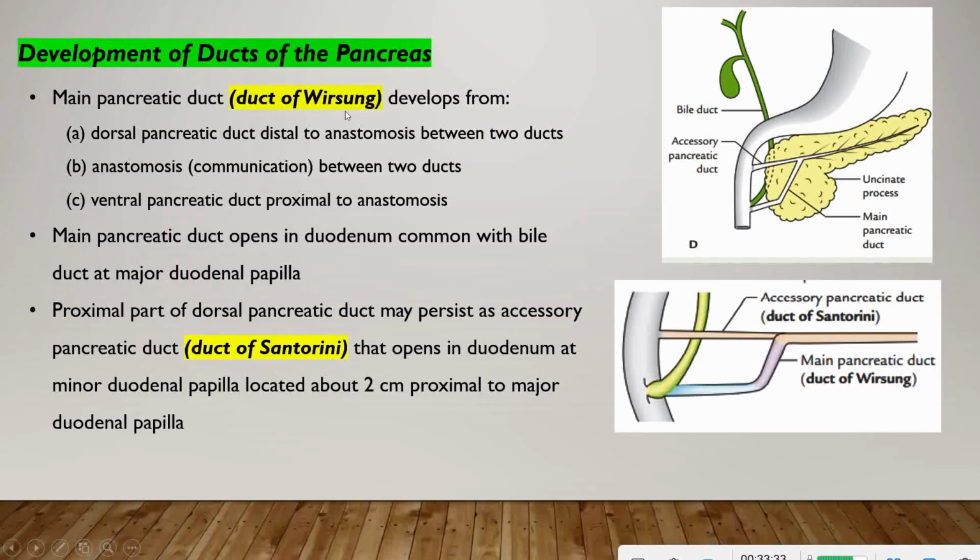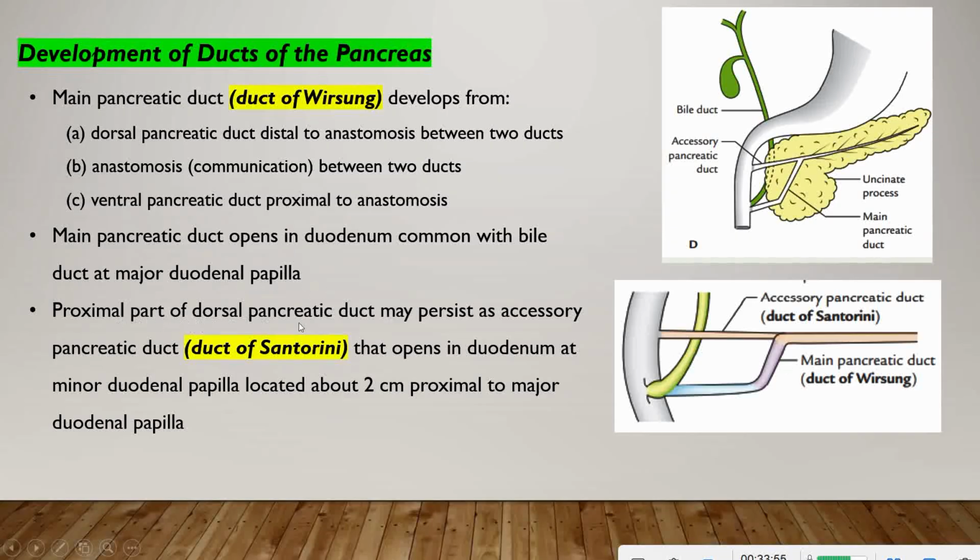So the main pancreatic duct or duct of Wirsung develops from dorsal pancreatic duct distal to anastomosis between the two ducts and the ventral pancreatic duct proximal to the anastomosis. The main pancreatic duct opens into the duodenum with the bile duct as major duodenal papilla.